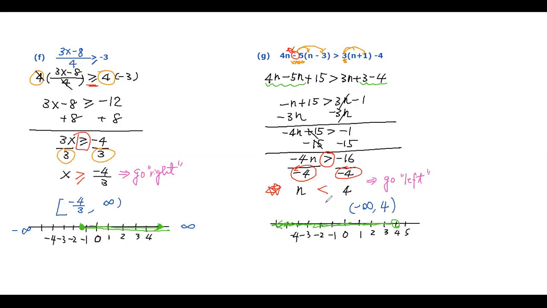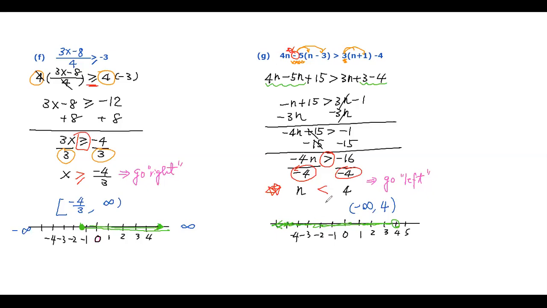Okay, that is for this lesson: how do I solve inequality? So what are the key points you need to remember? If you multiply or divide both sides by a negative number, very important, you need to switch your inequality sign. Correct?